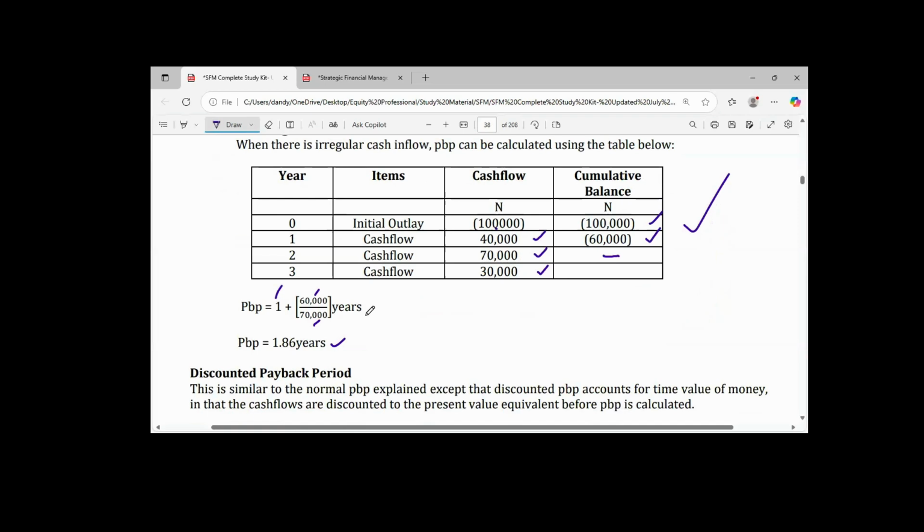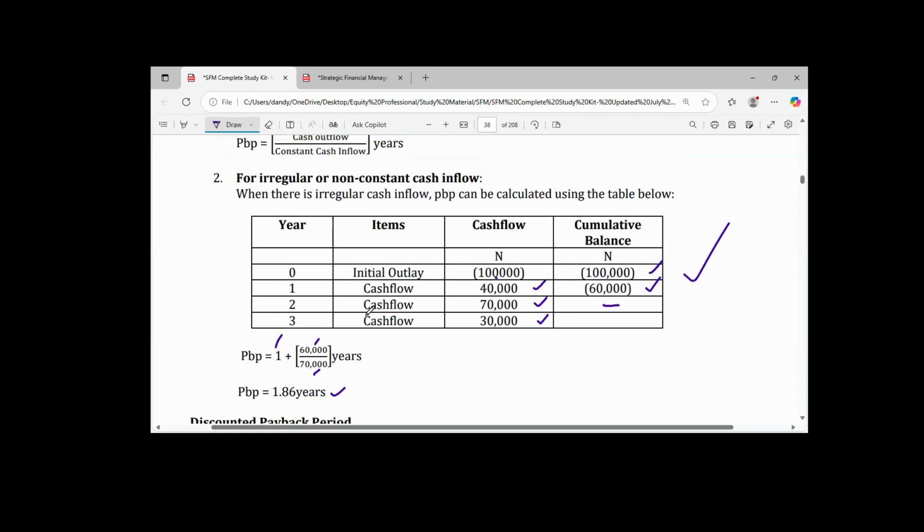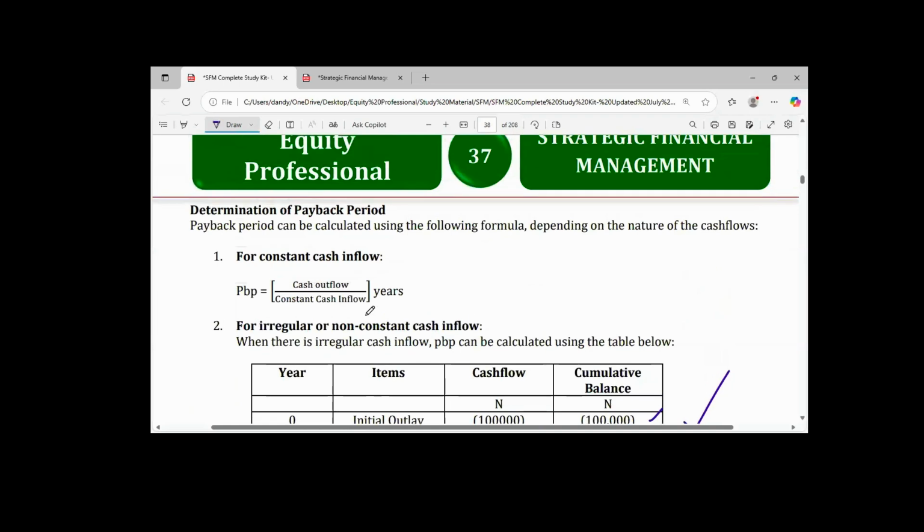All right. Then, what if you are given constant cash inflow, or regular cash inflow? Where you are given constant cash inflow, you can either use the tabular method or the formula. You are going to get the same answer, but it's better to use the formula because the formula is faster.